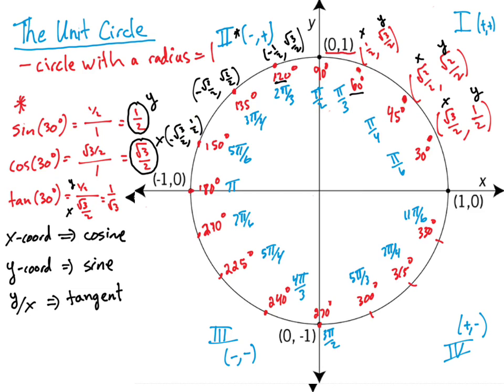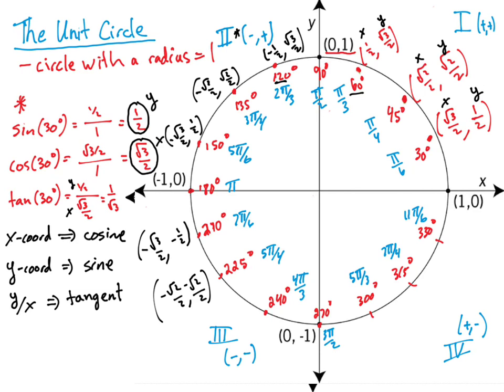At 180 degrees and pi, the coordinates are -1, 0. Moving down to 210 degrees, this is a reflection of 30 degrees, but in this case, the x and the y are negative. So negative root 3 over 2, comma, -1/2. 225 degrees, or 5 pi over 4, is a reflection of 45, but both negative.